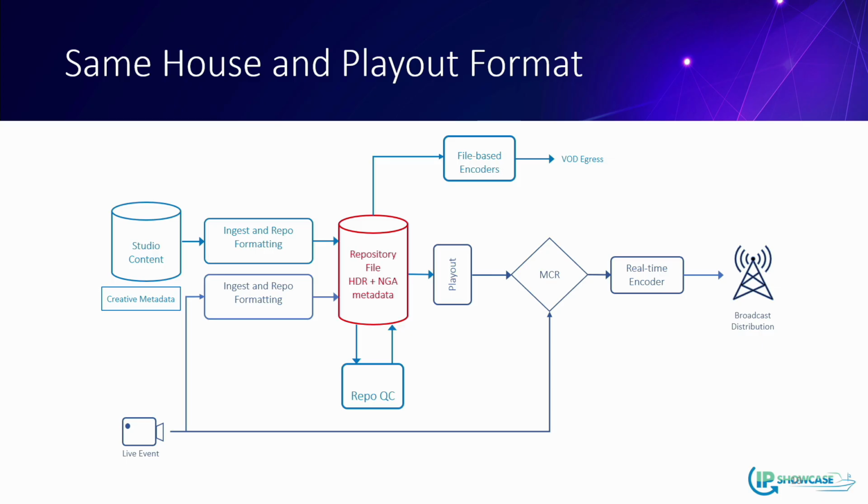The advantage of this is that you only have the one file that you've got to QC. The disadvantage is you may need to do some conversions on linear playout that have to happen in real time. And so, there's only so much you can do in real time. That constrains you a little bit. So there may be some quality compromises with that approach, but it's optimized for QC.